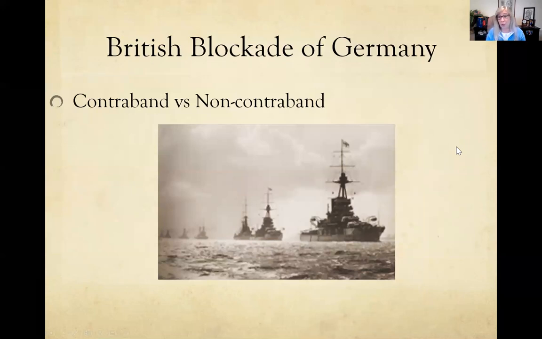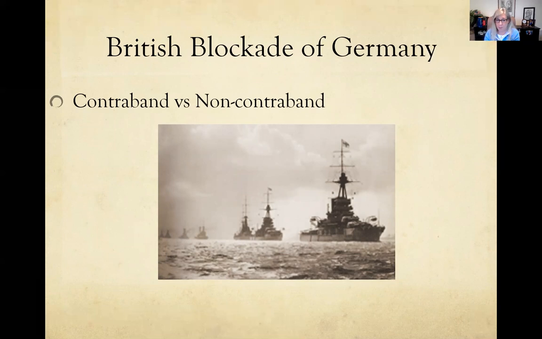And that's going to be difficult to do because through all of this, we are also expecting to be able to trade with everybody. And that becomes difficult as the British are going to use their incredibly powerful Navy to stop any sort of shipments from coming in from the outside to Germany through their blockade. And this becomes an issue of contraband versus non-contraband items.